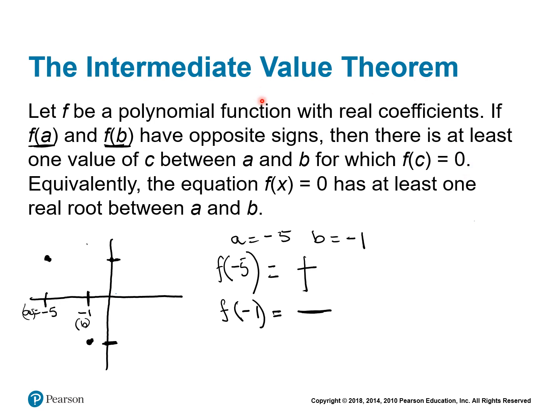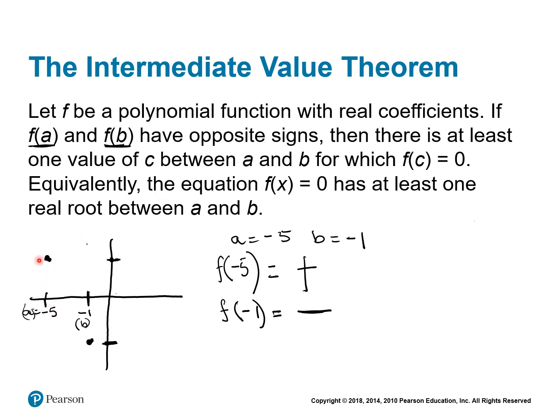So that's what the intermediate value theorem tells us, that if between an interval of x values the corresponding y values have opposite signs, then we can be sure that there will be at least one x-intercept between that interval. It could be more than one, but at least one.